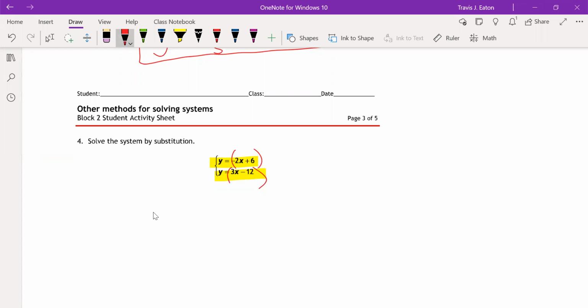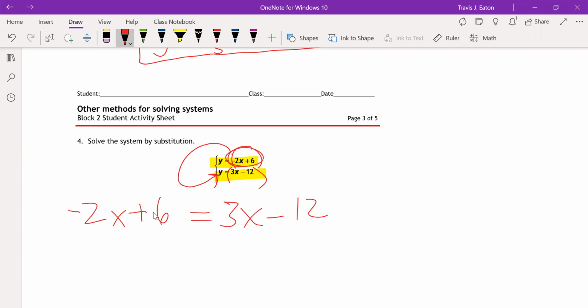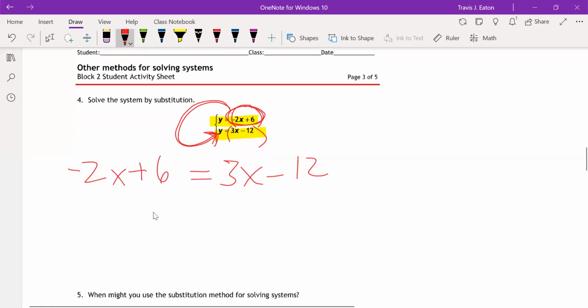I'm going to take this one here, negative 2x plus 6, and substitute it in the other equation for that y, so that when I write it out, it'll be negative 2x plus 6 equals 3x minus 12. Because remember, I took this one because that's what that y says it is, and I just substituted it for this one here.